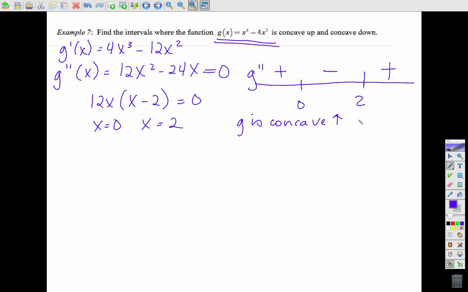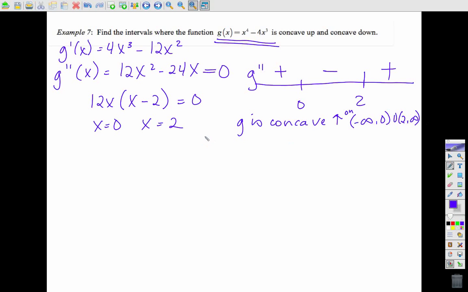When is it concave up? Well, it's concave up when g double prime is positive. Okay, so when would that be? It is concave up from negative infinity to 0 and from 2 to positive infinity.